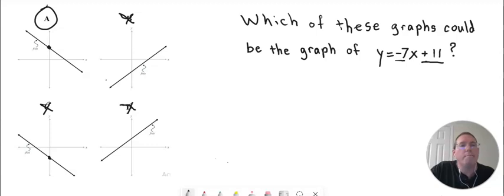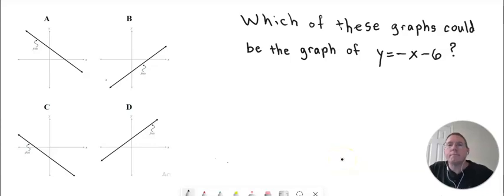Let's try another one. All right, let's try this one. This says, which of these graphs could be the graph of y equals negative x minus 6? Okay, so we're looking for a negative slope. What is the slope? Well, it's negative 1, but we don't write the number 1, so negative 1 times x is just negative x. And so we're looking for a negative slope.